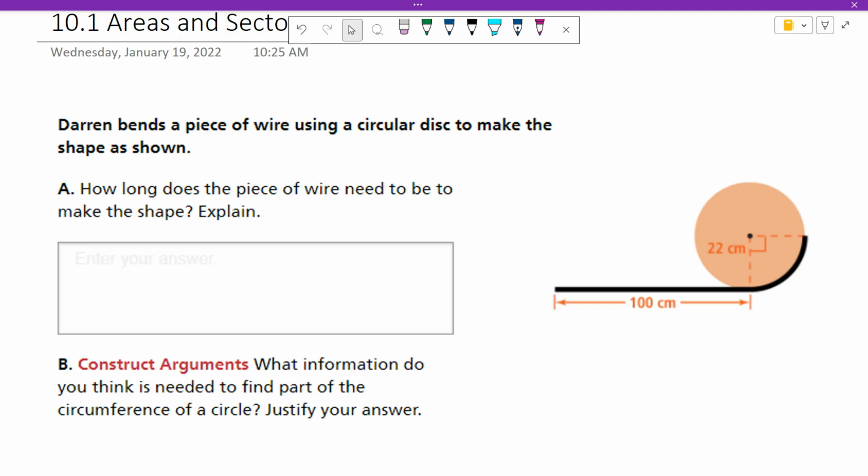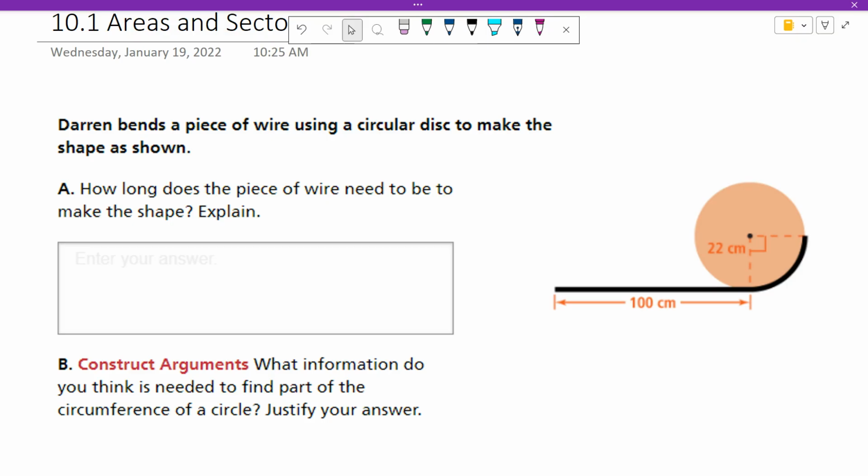Below the second button. The third one down from the second button. Okay? So if you do that, you're gonna get a decimal, 138. So it's 138 around the whole circle.